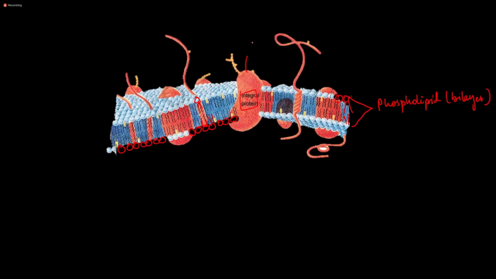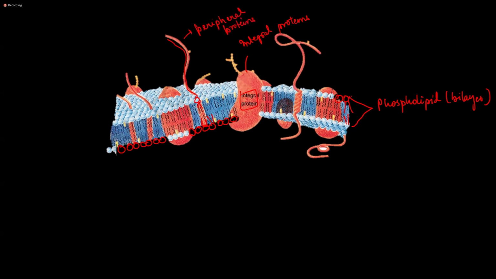So the plasma membrane also comprises integral proteins. Now you can see there are certain other proteins present, something like this onto the surface, and these are called peripheral proteins.